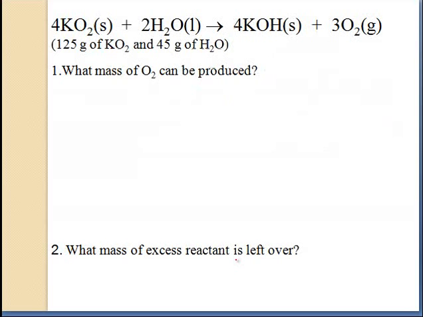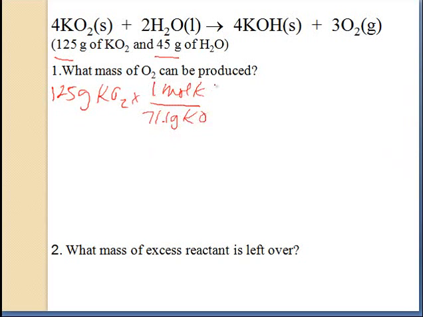So I'm starting off, I've got 2 reactants, and what I need to do is determine how much oxygen each of these can make. So I'm going to do it one at a time. 125 grams of potassium superoxide is my given, and what I've determined is my molar mass of potassium superoxide is 71.1 grams, which gives me 1 mole of KO2.